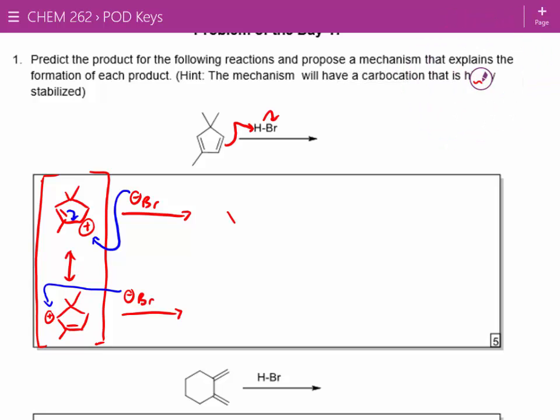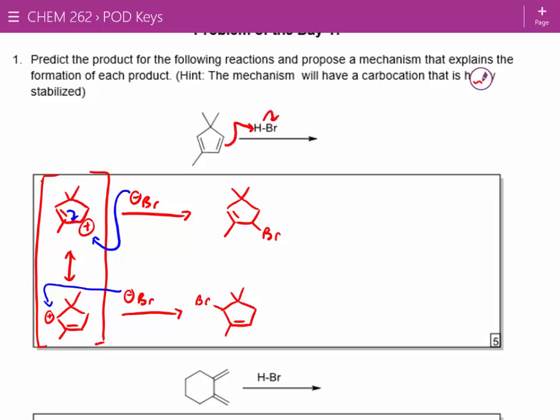And if we do this, we get two different products out. We can get the bromine installed over here, or we can get the bromine installed over here.